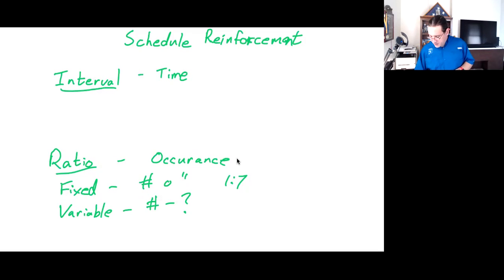With time, very similarly, we have fixed and variable interval. Some of you may go to La Fogata, and I believe they have taco specials on certain days. Does anybody know what day?